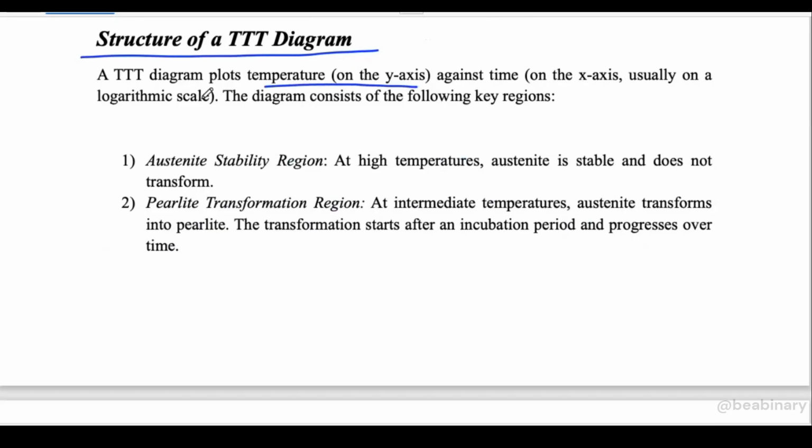Temperature is plotted on the y-axis against time, which is on the x-axis, usually on a logarithmic scale.